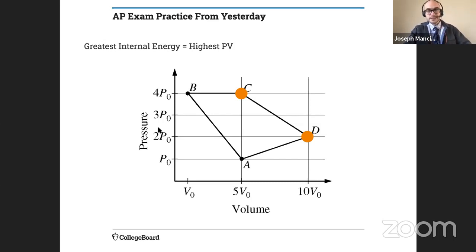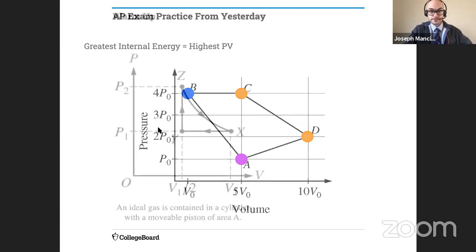And at point D, the PV value is the same. At point A, the PV value is 5 P naught V naught. And at point B, it's only 4 P naught V naught. So point C and D are tied for the highest internal energy. Point A has the second highest, and point B has the lowest internal energy.